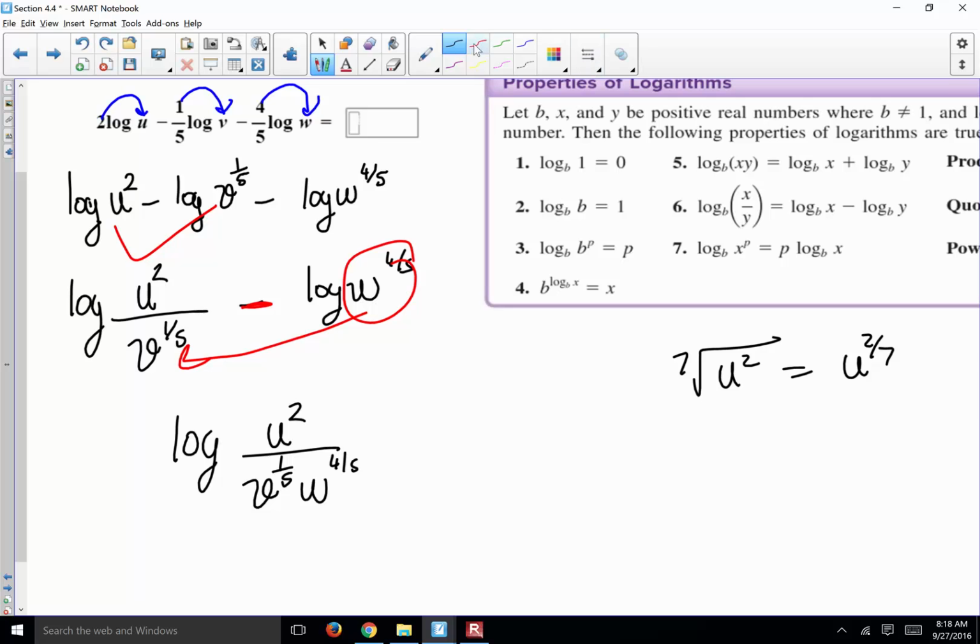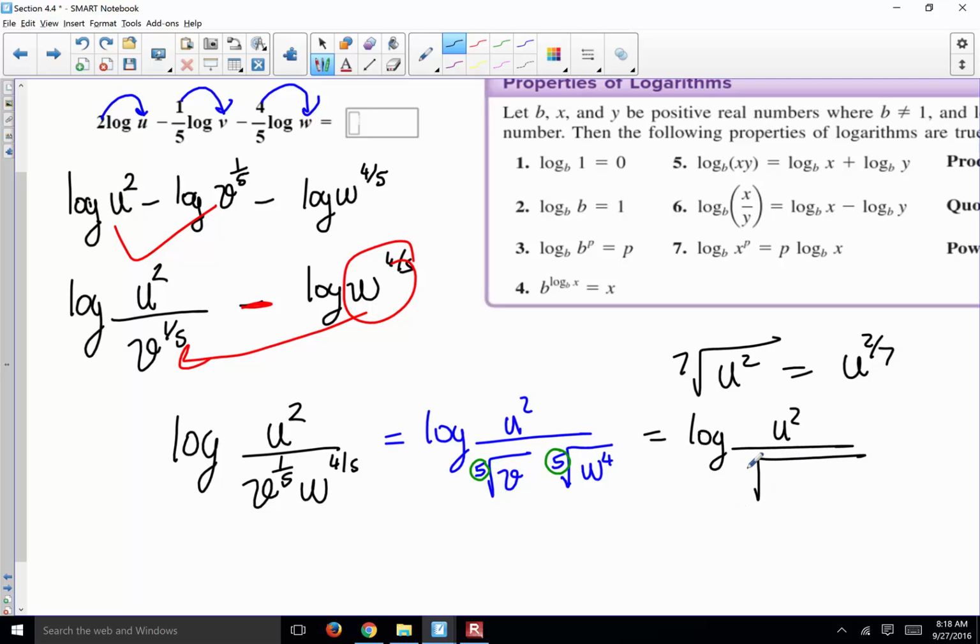But in case you are wondering, you can turn the bottom one into a radical of v to the first power, you don't have to show the first power, with radical index 5. The second one is w to the fourth power with radical index 5. Since these two radicals have the same index, you can cover them with a single radical, the fifth root, and combine v and w under it.